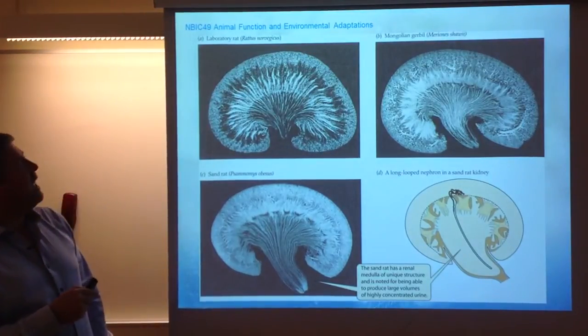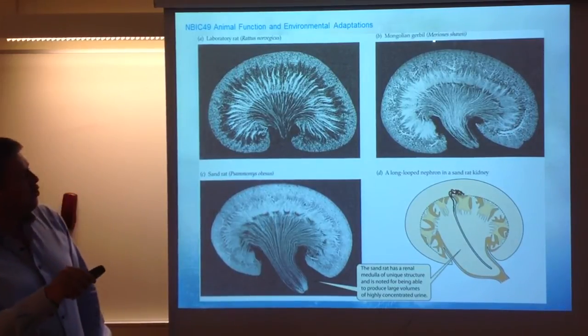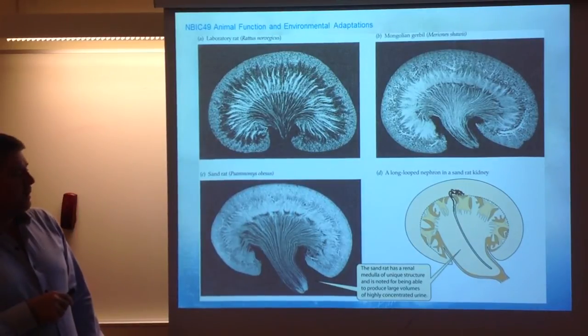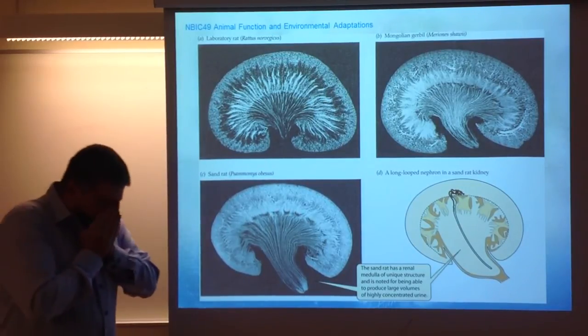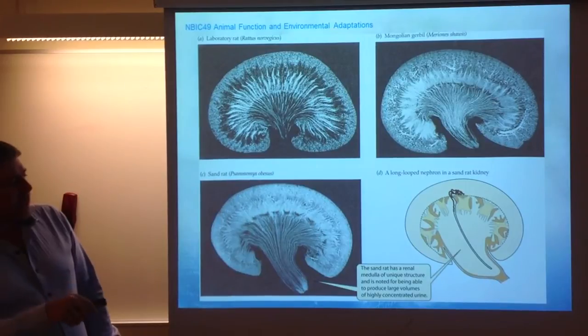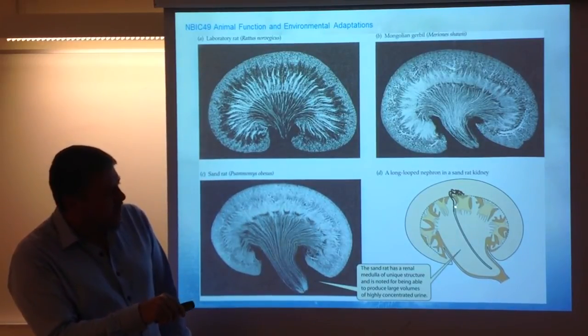This is basically how the kidney in cross-section in a Mongolian gerbil and a sand rat or in a laboratory rat looks like. The extension of the renal pelvis is much larger in the sand rat. In the sand rat, basically you can have loops of Henle that are as long as this.